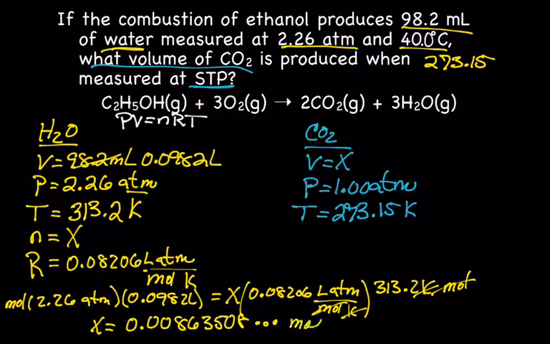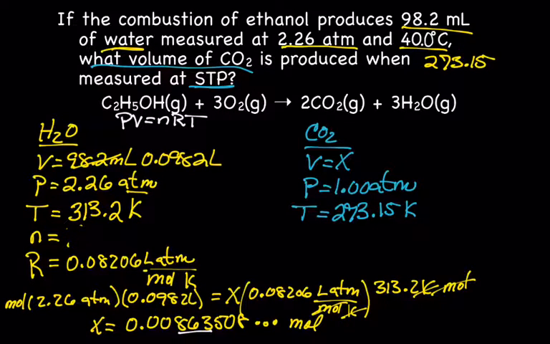Mole. And if we look at our sig figs, we have 3 and 3 and 4, and the R value doesn't count, so 3 right there. So now let's put this in our list of knowns.